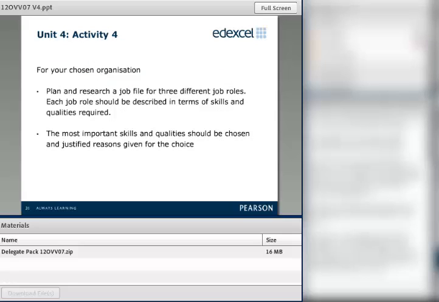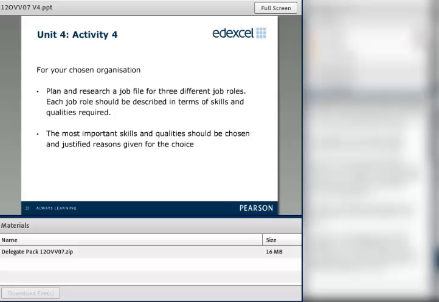Then for activity 4, you use the other organisation that you haven't used for the 2 activities already. You've got to plan and research a job file for 3 different job roles within your chosen facility, and each job role should be described in terms of the skills and qualities required.